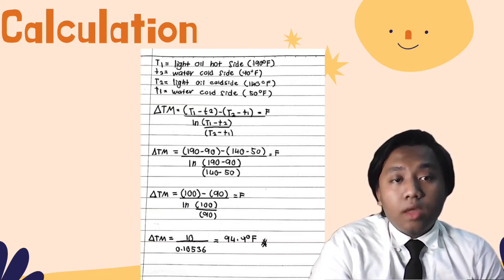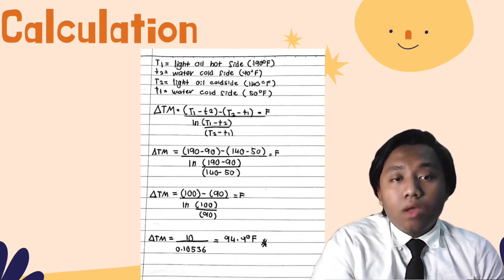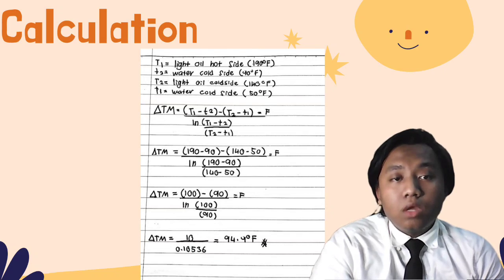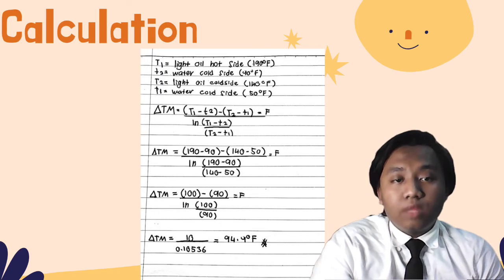For the next step, ΔTm equals (119 minus 19) minus (114 minus 15) over ln of (119 minus 19) per (114 minus 15).